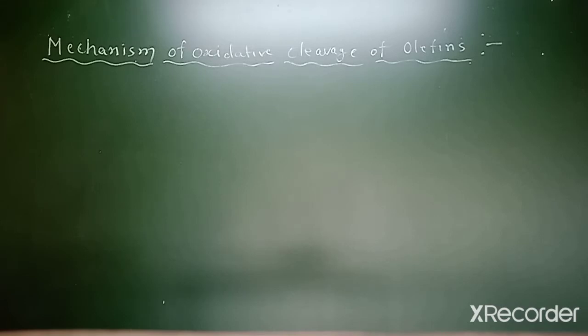But primary ozonide is unstable and collapses via another pericyclic reaction, that is the reverse of the 1,3 cycloaddition type of reaction, which gives rise to a carbonyl compound and a carbonyl oxide. Now let us see how the carbonyl compound and carbonyl oxide are obtained by 1,3 cycloaddition and reverse 1,3 cycloaddition. That means the first step is 1,3 cycloaddition and the second step is reverse 1,3 cycloaddition.